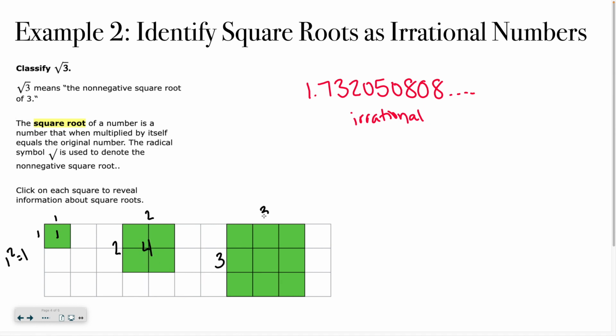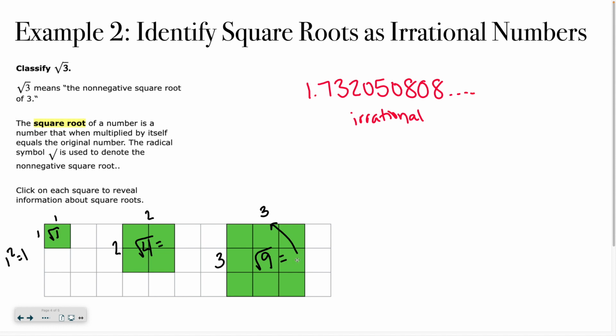This one is 3 by 3 and covers 9 squares. So what this tells you is that if you have the square root of any of these numbers, it's going to work out nicely, because that square root just tells you that you're looking for that side length.